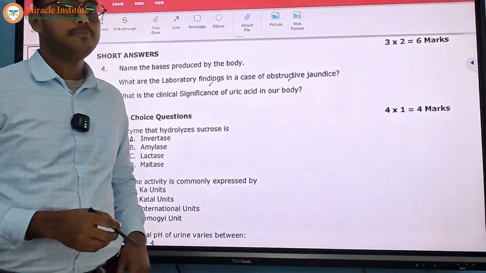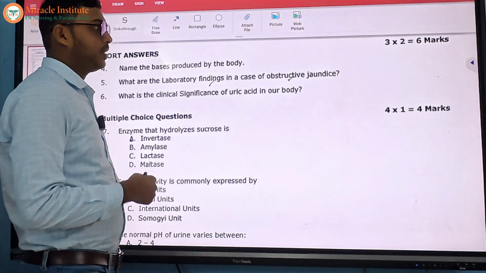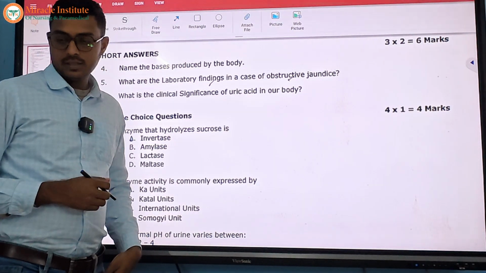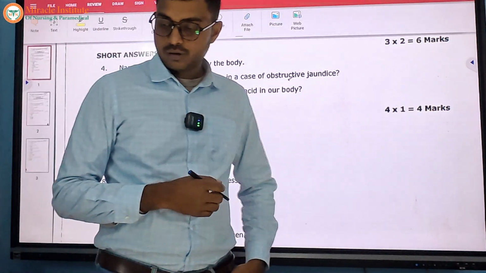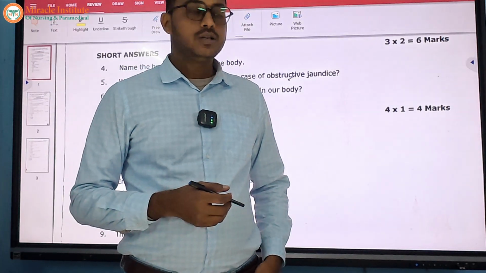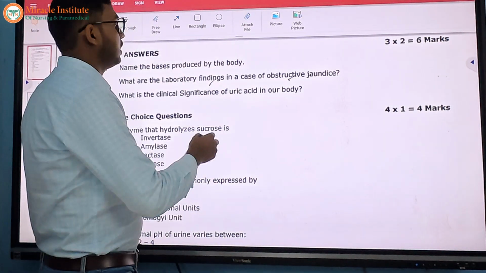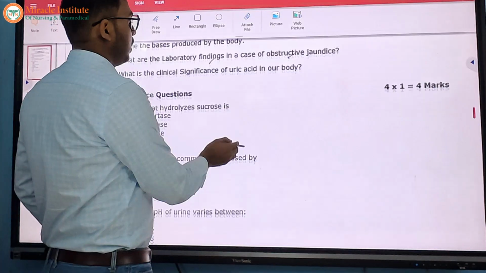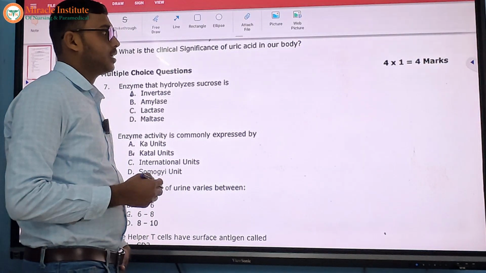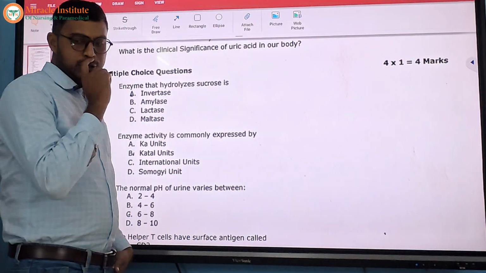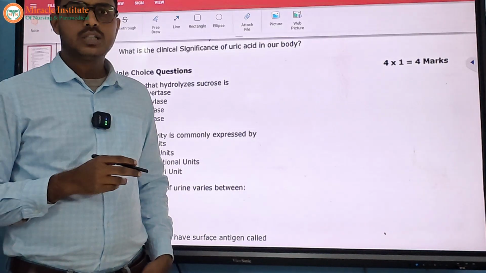In hyperuricemia, a high level leads to gout, and the presence of uric acid in urine means abnormal conditions are present in the body. That is briefly all about these questions.